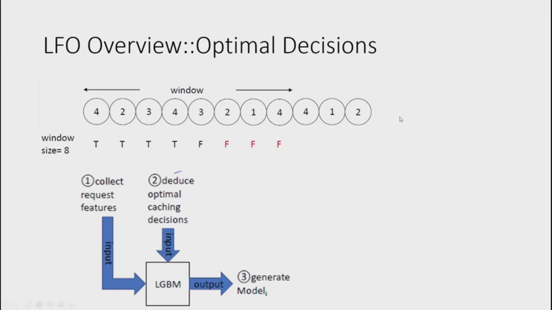But now, since it doesn't know about the future, and these objects are being accessed for their last times in the window, the best decision that LFO can make is to not cache them. Remember, cache space is limited. So unless LFO is sure that an object is going to be accessed in the future, it should not cache those objects.